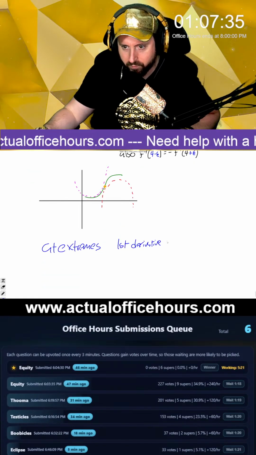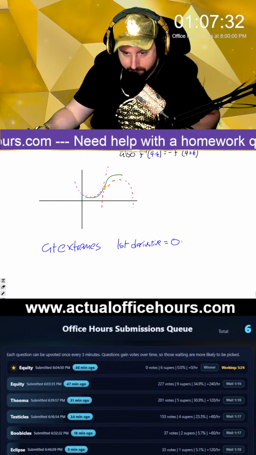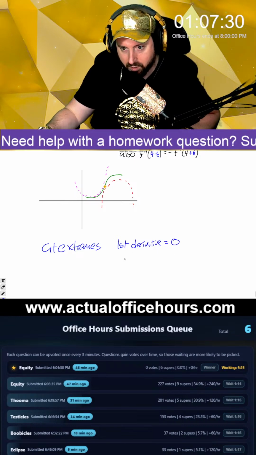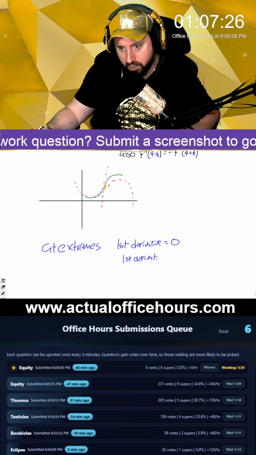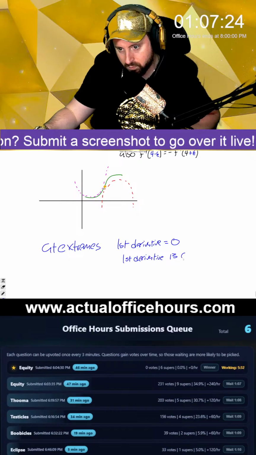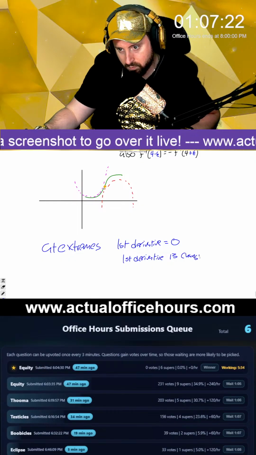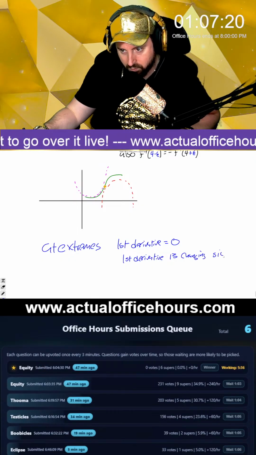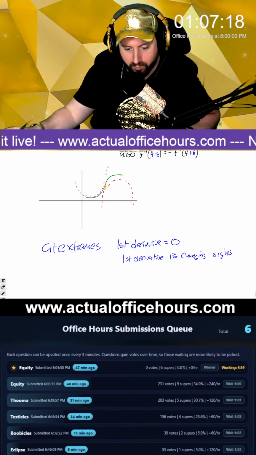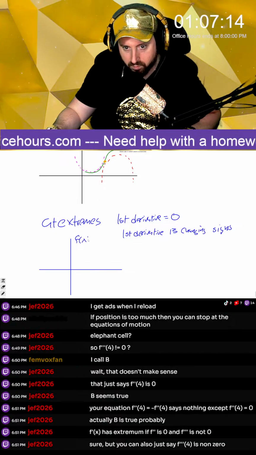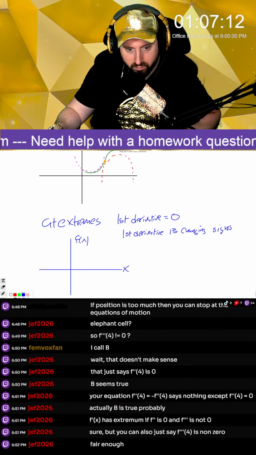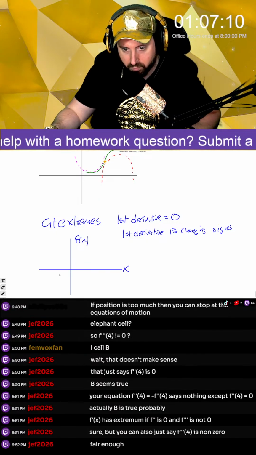Okay. The first derivative is equal to 0, and then we would say that the first derivative is changing signs. So usually on a regular graph of f of x versus x, I'll put 2 examples of this.